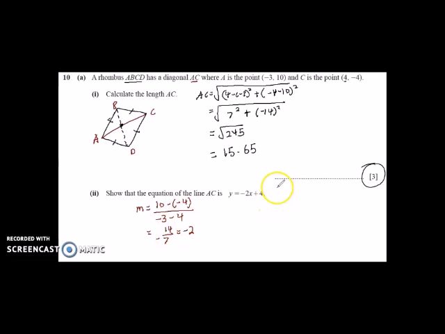Then we use y equals mx plus c. We substitute in this gradient and a coordinate, and I choose the coordinate of point A, so x is negative 3 and y is 10. Here we'll be getting 10 equals 6 plus c, so your answer for c is 4.